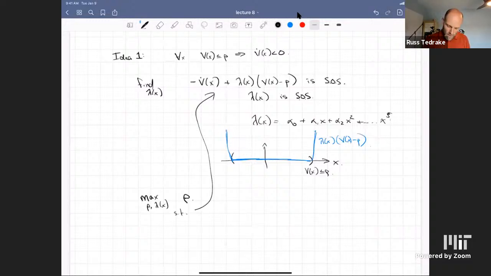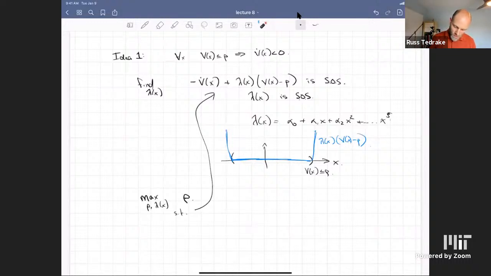But we can't do that out of the box because we get terms that multiply the coefficients of lambda and the coefficients of rho. Right, so this is the game we play. Can we find a way to write it differently so that it is convex?